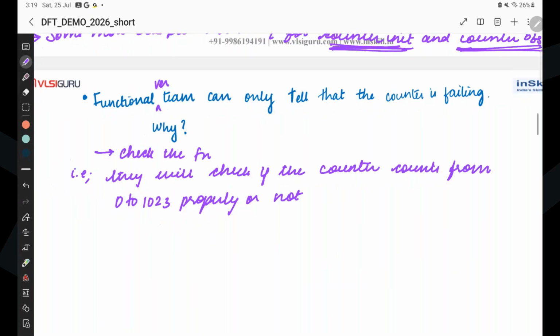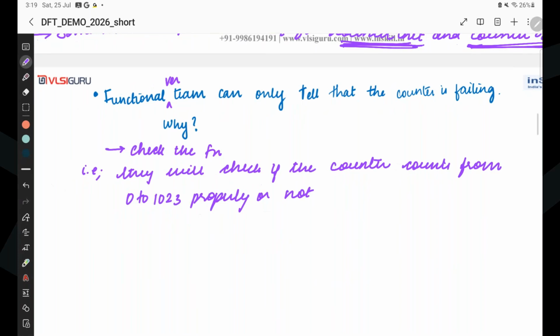So in this case, what is happening is, after counting 999, instead of incrementing to 1000, it is once again counting 999.